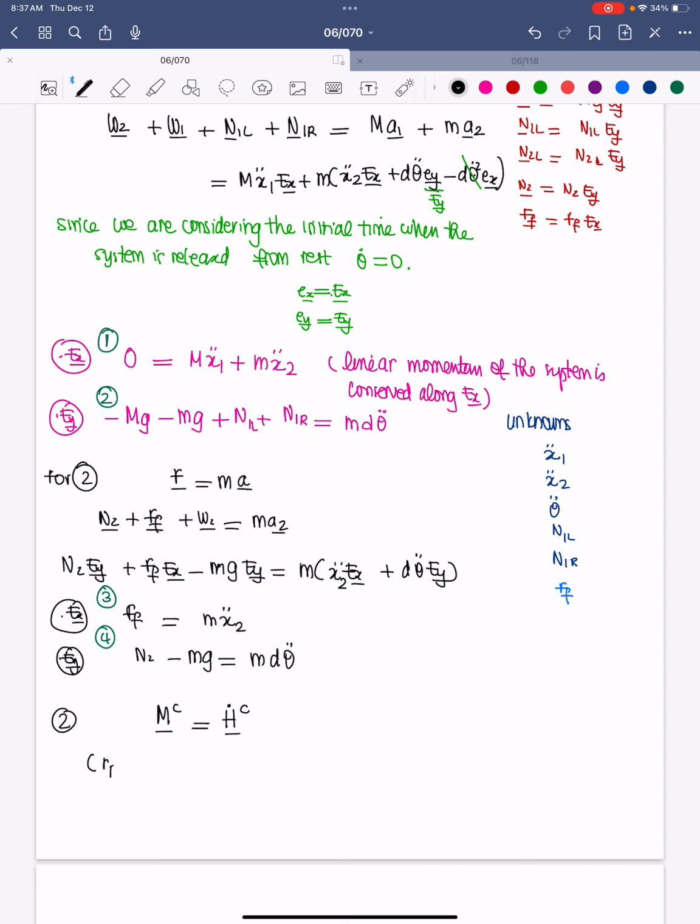So that's r_P minus r_C crossed with the friction force and the normal force N2 is equal to H dot C, which is I_C,zz theta double dot, or alpha ez. Very well. Now I need to figure out what this vector is, r_P minus r_C.